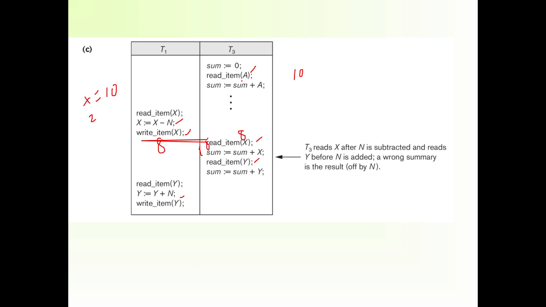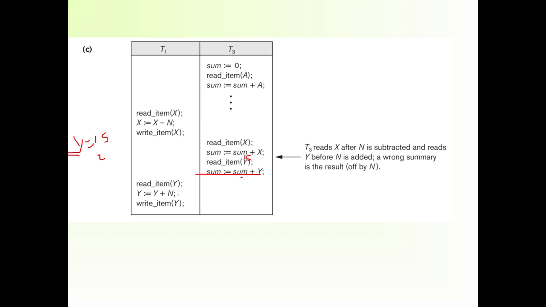So here the x value is updated. Earlier x value is 10, and after subtracting you got 8, and while performing the sum, x is used as the new value. In the same way for y, assume y has the value 15 and n is 2. Read item y is 15, and the sum is added with the 15.